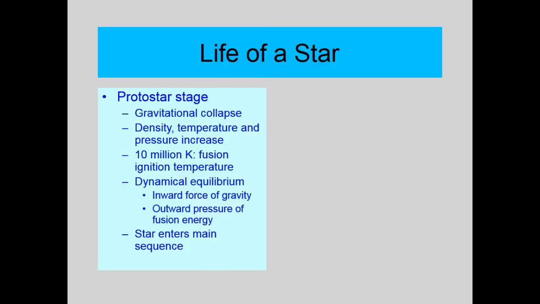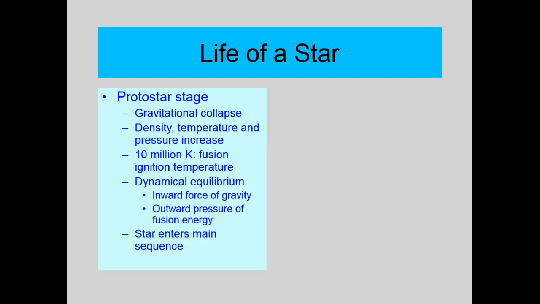Okay. So let's look at the life of a star. This doesn't mean a musical genius or anything like that. Okay. The protostar stage. Remember, that's the early part when the gravitational contraction is happening and they're building up temperature.